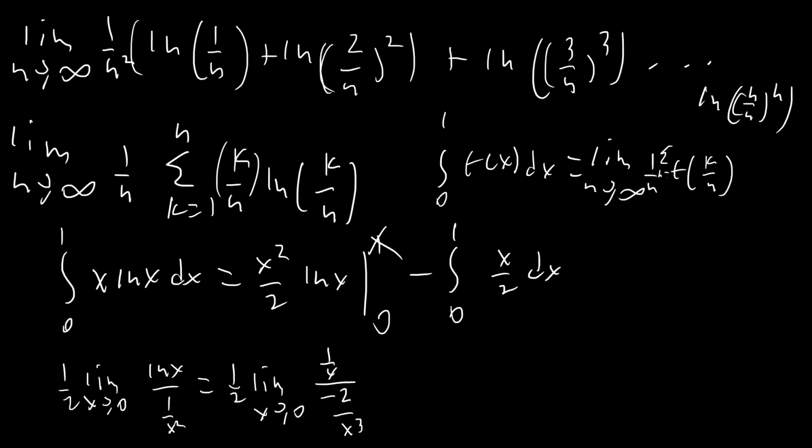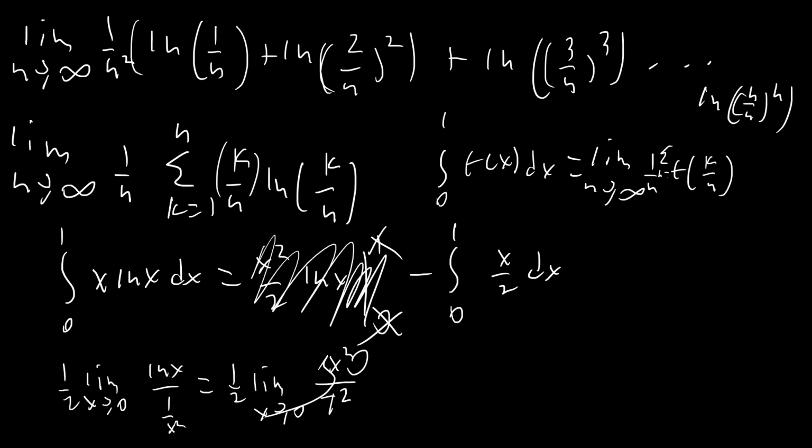If we just bring that x cubed to the top, we'll see that this is just x squared over negative 2. And so this is just going to go to 0. So this will also not matter, and we don't need to worry about this term. So we just have negative the integral from 0 to 1 of x over 2 dx, which is just negative 1/4.